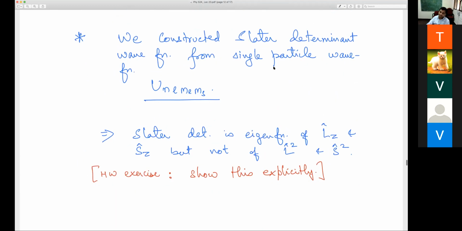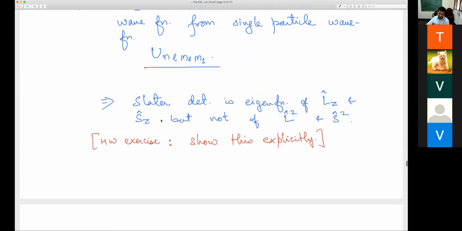So the Slater determinant cannot be the eigenfunction that I seek or that I want, actually. Okay. And you should be able to show explicitly that the Slater determinant constructed from the single particle wave functions is not an eigenfunction of L_Z or L squared or S squared operators, though it may be an eigenfunction of the L_Z and the S_Z operators. So that's a problem for you to show explicitly.